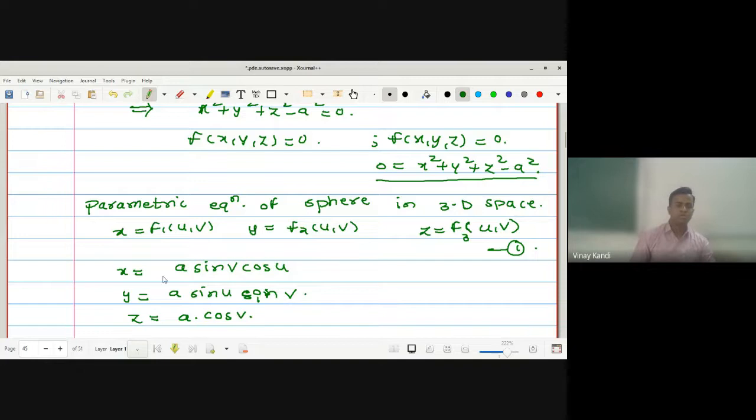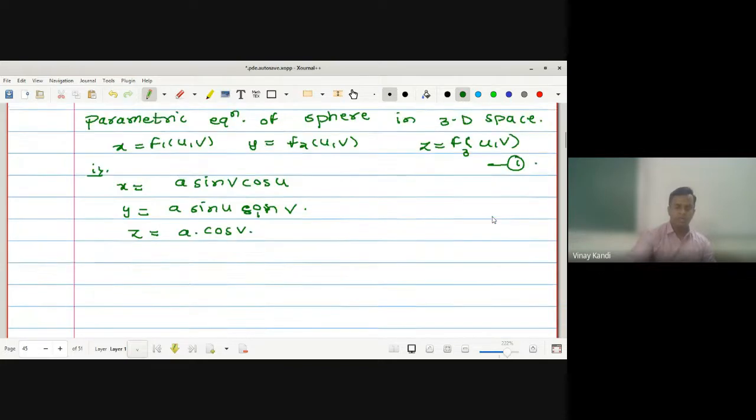Now put x, y, z in the earlier equation and you get 0. So any x, y, z which satisfies this equation is the parametric equation of the sphere in 3D space.